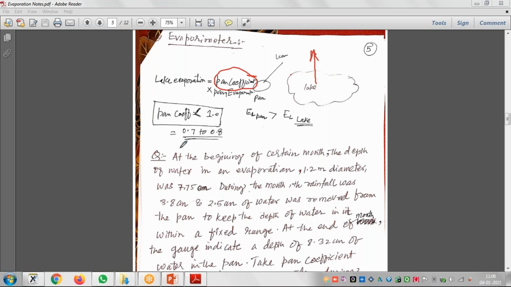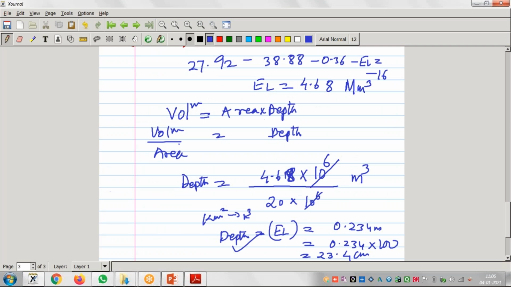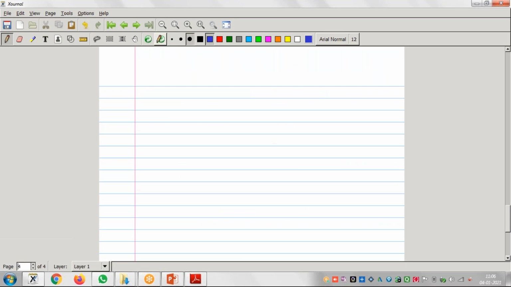So here we take this formula as lake evaporation is equal to, so first is evaporimeter, that is the pan evaporation. We are taking first from pan, right?